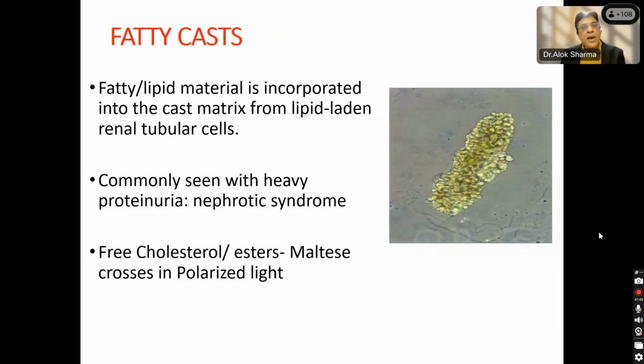We've talked about the fatty cast. When you have lipid material incorporated into a cellular matrix, they form those lipid-laden casts. Many times, when patients have nephrotic syndrome or heavy proteinuria, you will find these fatty casts in abundance in urine. They are composed of cholesterol esters, and as I told you, when you put the polarizer and cross-polarize it, they give a beautiful Maltese cross appearance. So you can easily identify these fatty casts in urine.